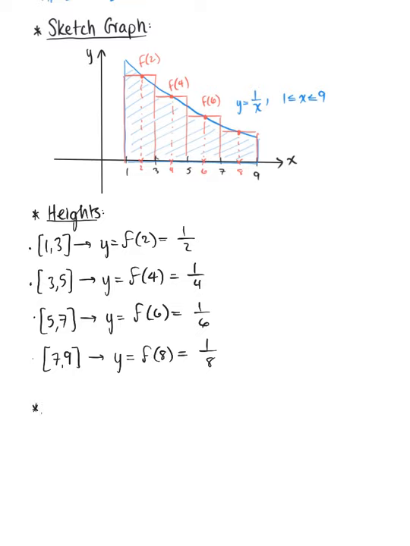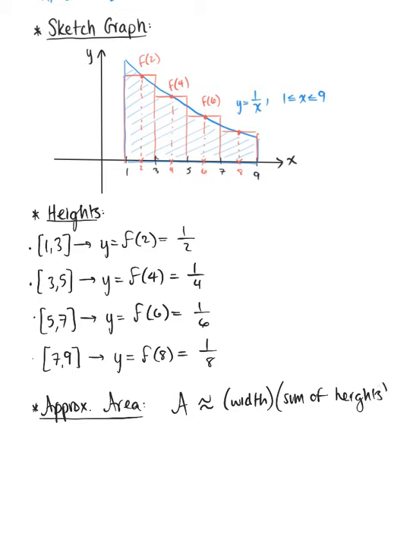So we can approximate the area. We, of course, recall that area is approximately equal to the width multiplied by the sum of all those heights that we just calculated.